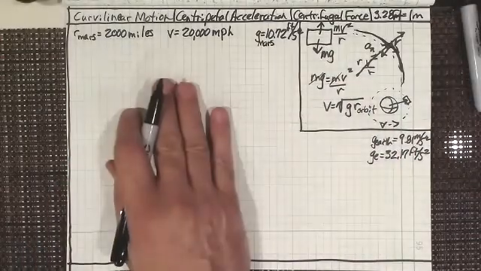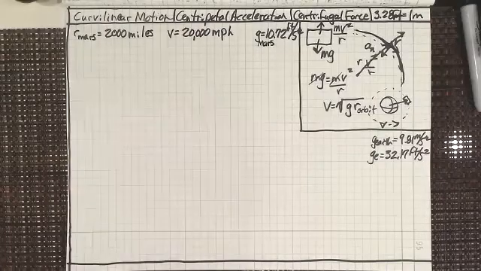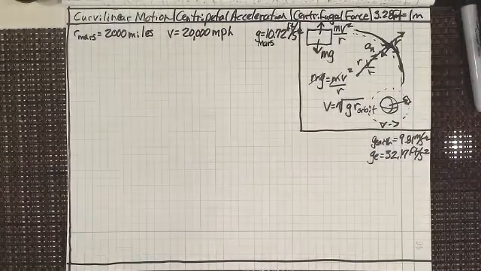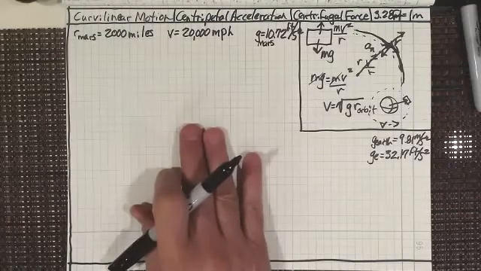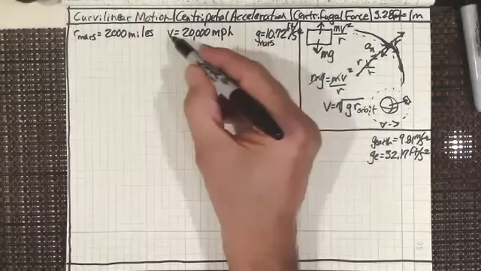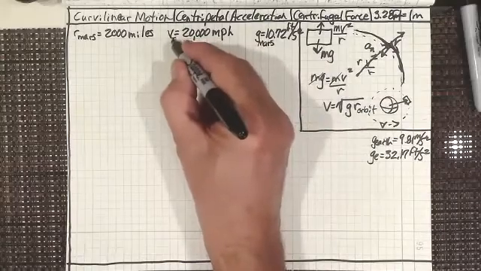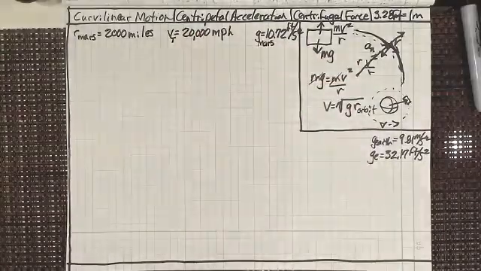I'm not going to say that it's changing and get the weight of Mars. We're going to do that with the Earth in a little while to get the geosynchronous orbit around the Earth. But let's just work on this right now. So we know that we're in an orbit around Mars, and our tangential velocity is going to be 20,000 miles per hour.